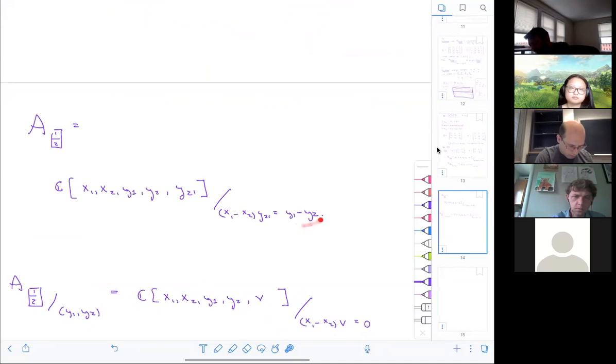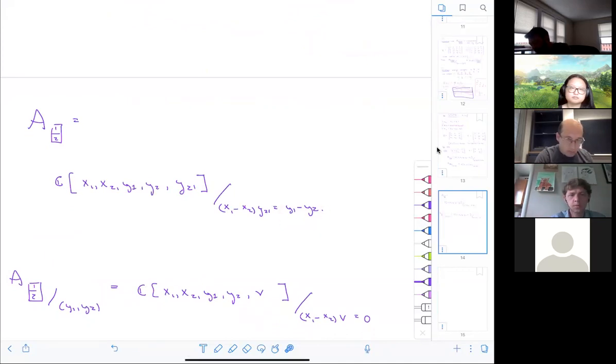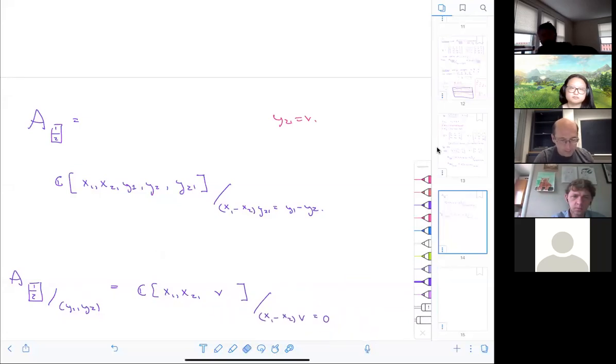You kill the right-hand side of this relation, and if you denote y21 by v, then this whole algebra is just polynomials in x1, x2, with this relation, which is exactly the endomorphism ring that we saw in our example.